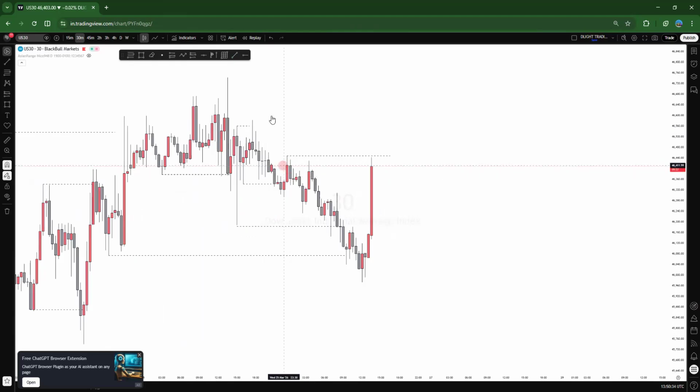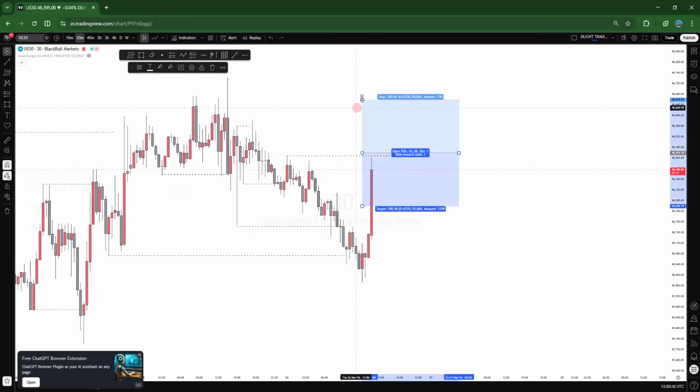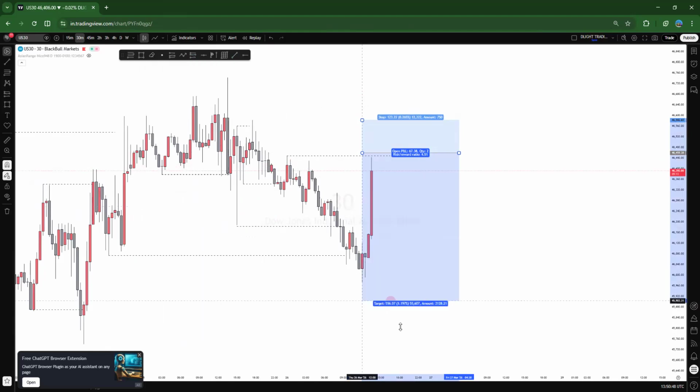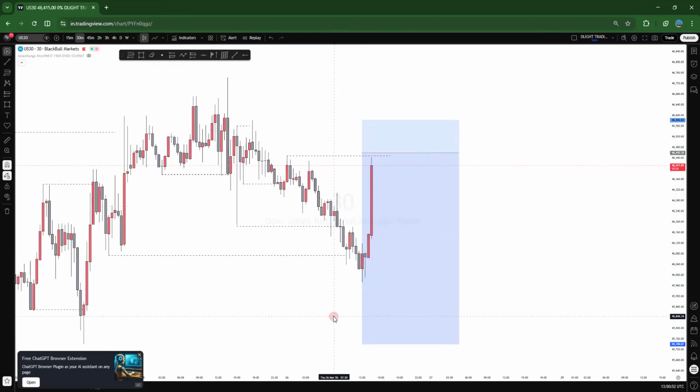These two are mitigated, so I would like to go for something above it, here. And I'm going to take a sell from there to at least take out this low.